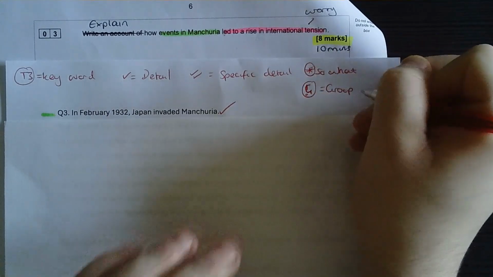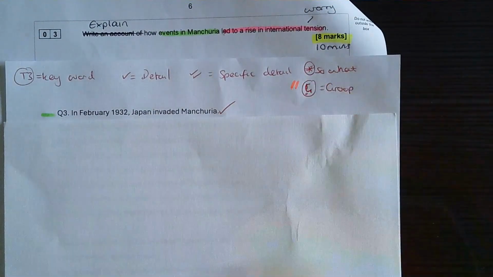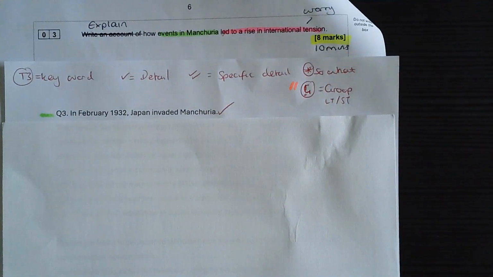And this will always indicate to the examiner that you're thinking about a level 4, that this is complexity. I'll also highlight that for you in orange as we go through, where there is complexity, because it can be groups, it could be long term and short term as well for this question. I would always focus on the groups though, the groups are easiest.